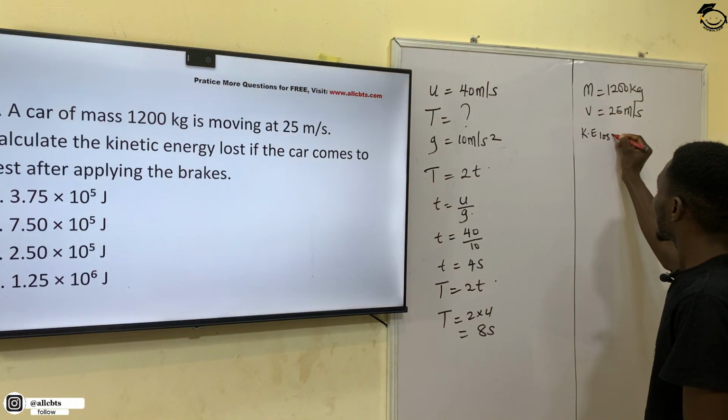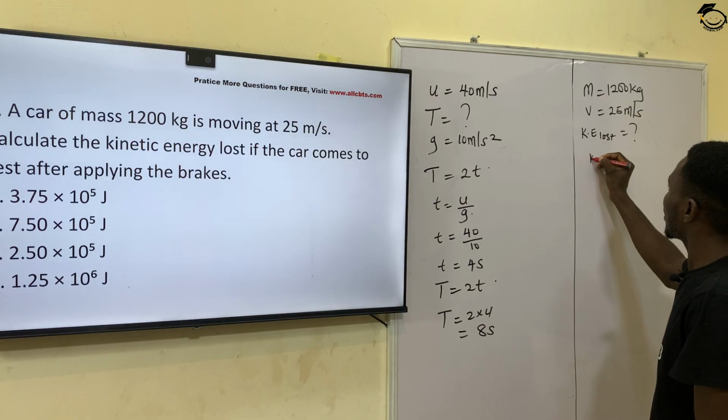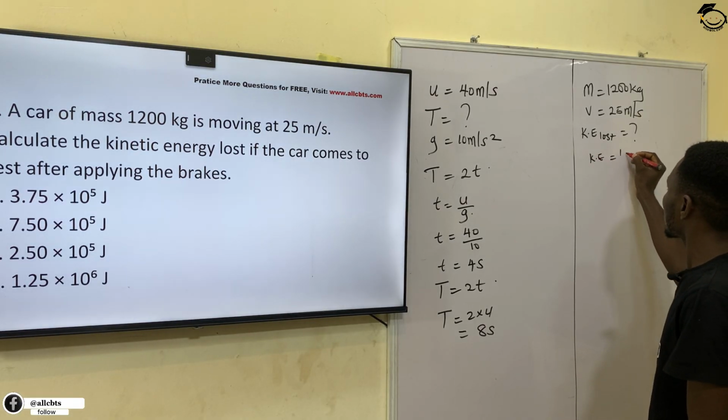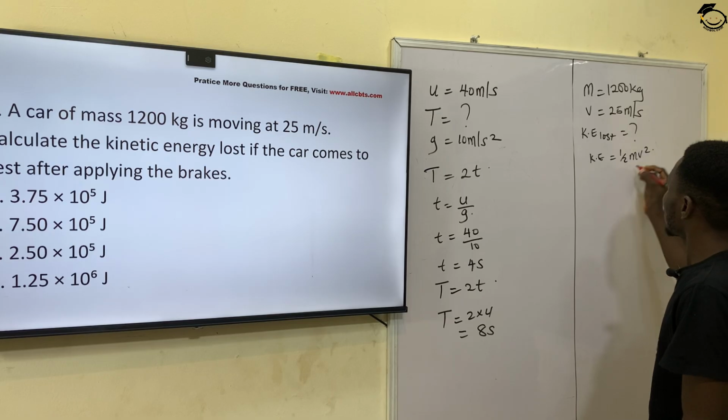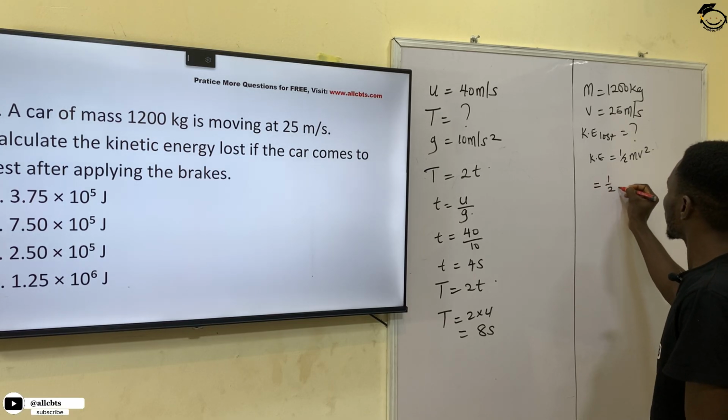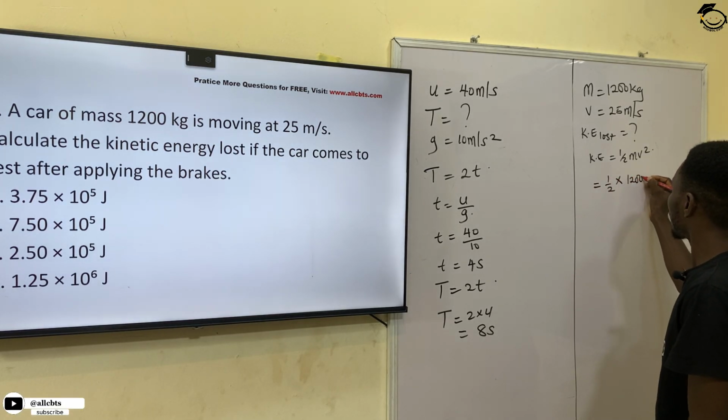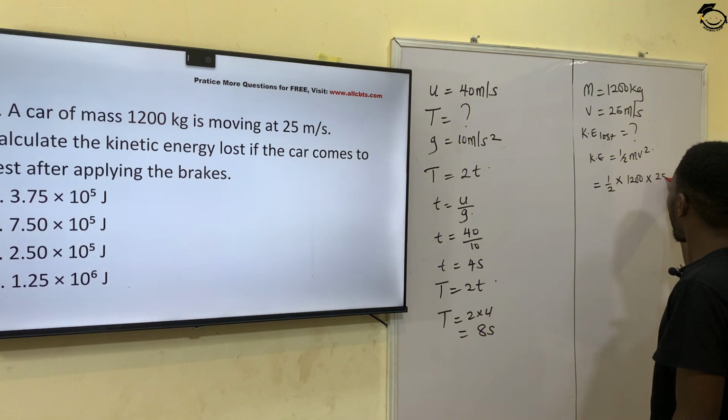We do not know it, but we know that our KE lost is equal to half mv squared. So this is 1 over 2 times 1,200 times 25 squared.